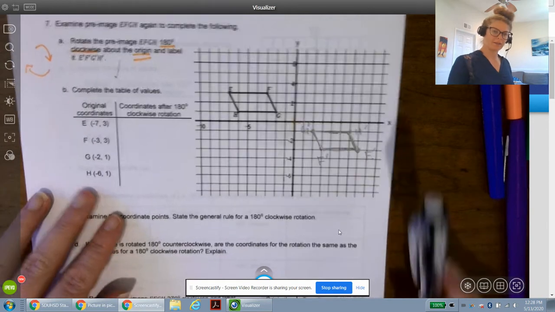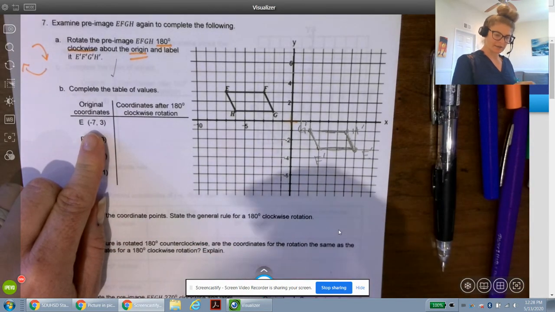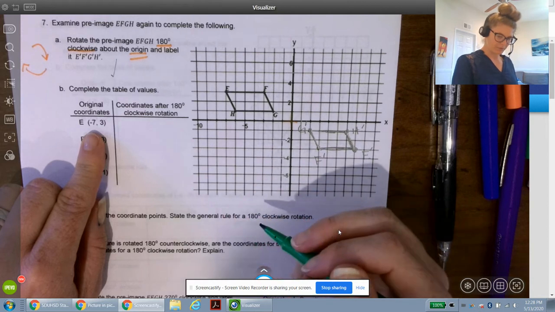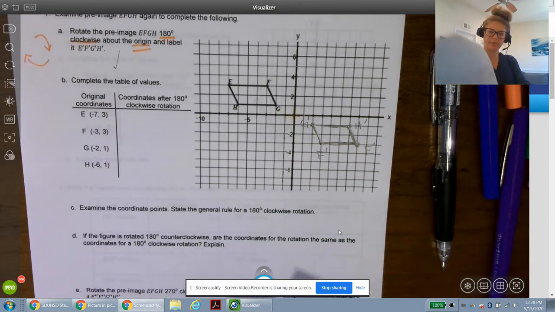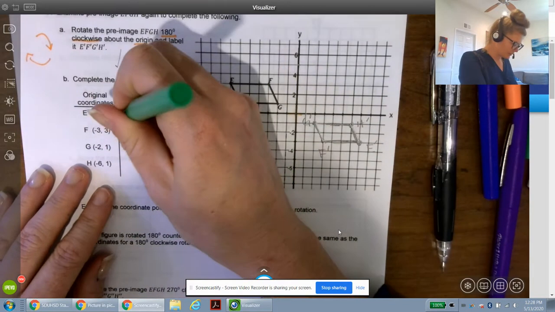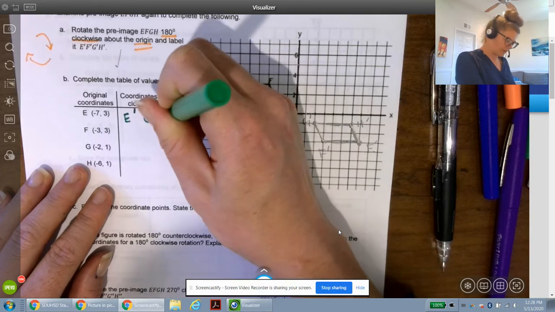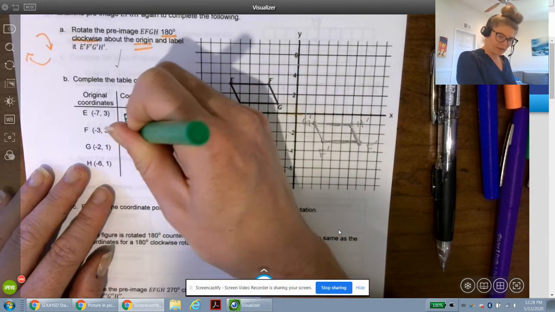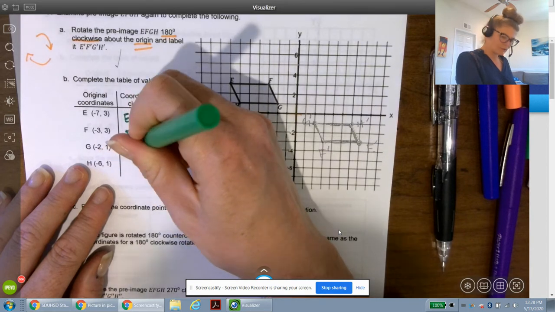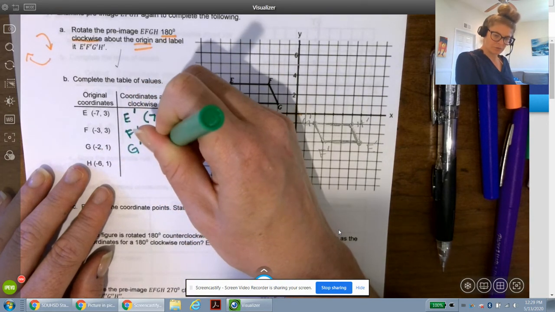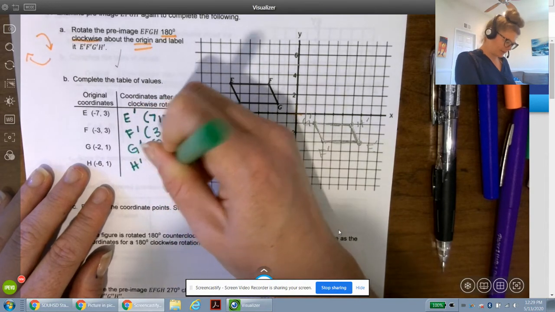We're going to complete our table of values. So taking a look here, we end up with E prime, which is 7, -3, F prime, 3, -3, G prime, 2, -1, and H prime, 6, -1.